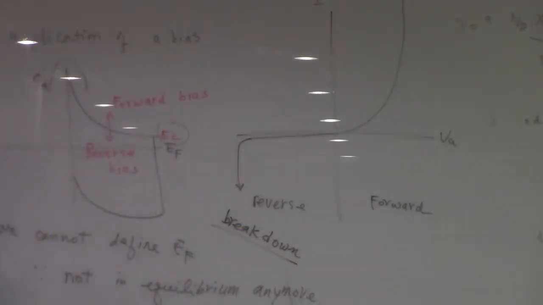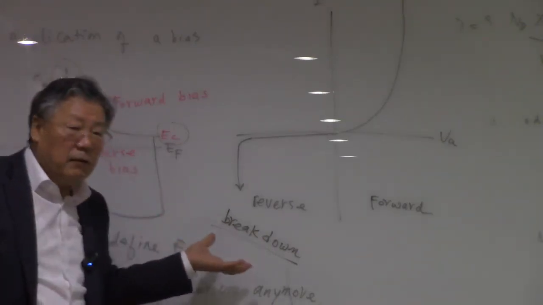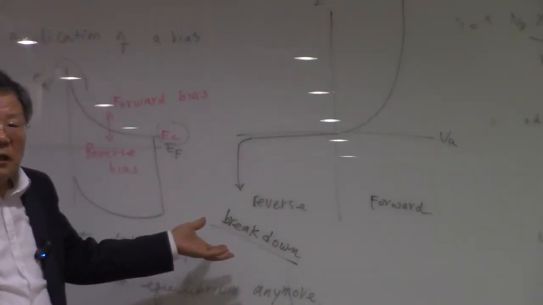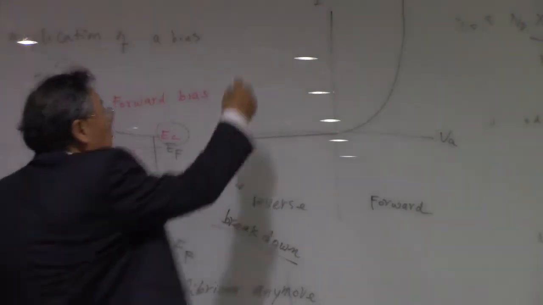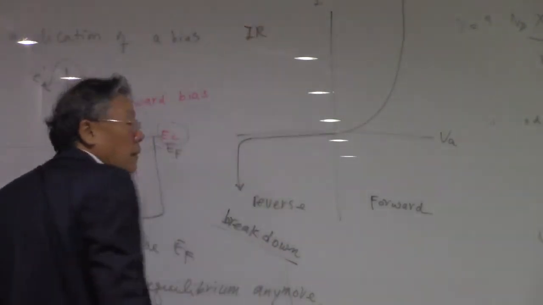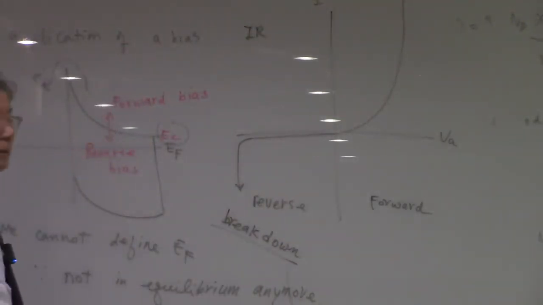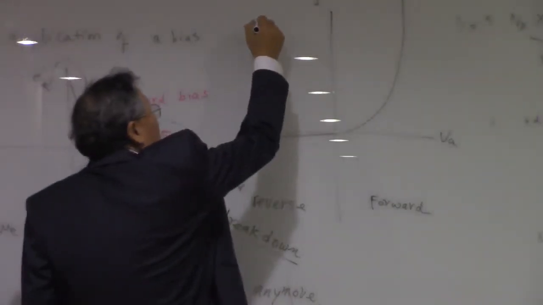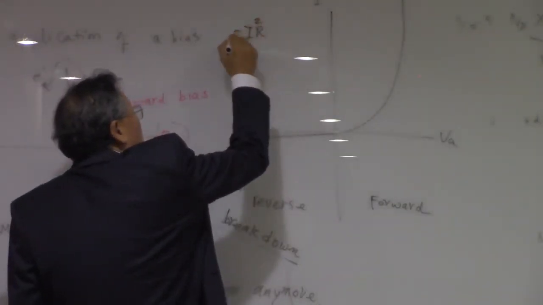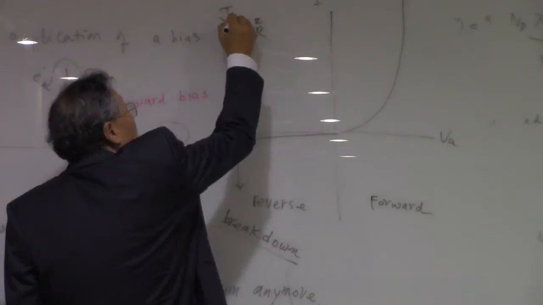Well, this breakdown is not going to do any harm to the junctions actually. Breakdown is breakdown. But if you have a huge amount of current, then you're going to have an IR voltage drop, and that is I squared R, which is Joule heating.